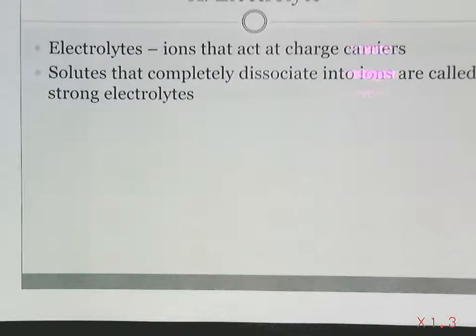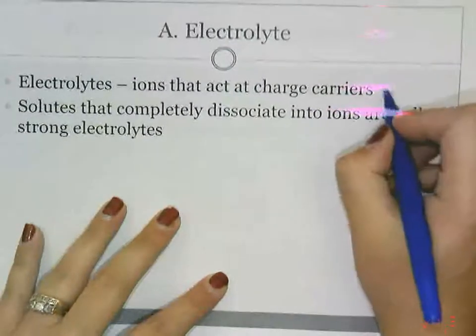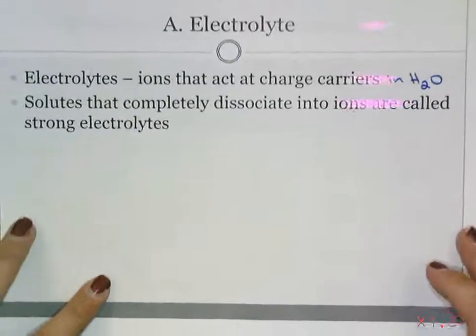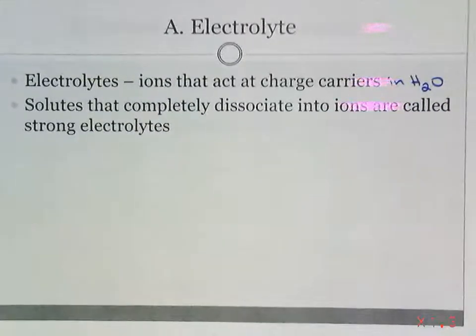All right, so electrolytes: ions that act as charge carriers in water. There are varying degrees of how well your ionic solution will dissociate. Solutes that completely dissociate into ions are called strong electrolytes.